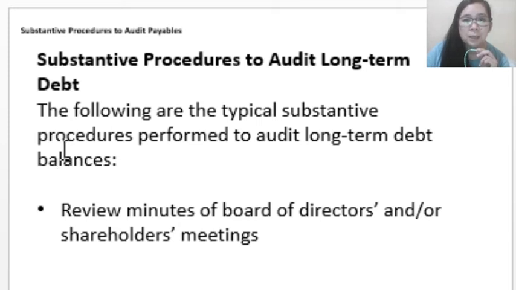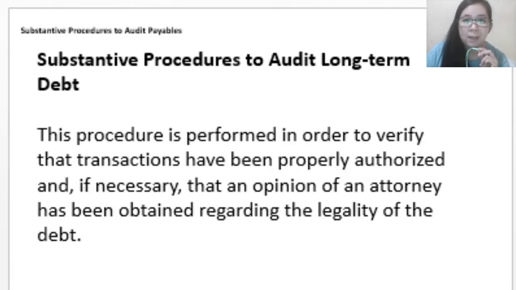Another substantive procedure that the auditor can perform is to review the minutes of the board of directors or shareholders meeting where there might be a discussion related to the long-term liability of the entity, any authorization, transaction, and payment for such.